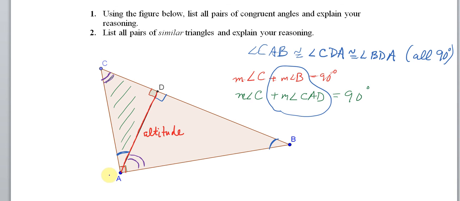Okay. Number two, we can list out pairs of similar triangles, and you can see here we have a couple pairs. So let's talk about these two smaller ones. We can say that triangle CDA, that's this green one right here, is similar to triangle ADB.